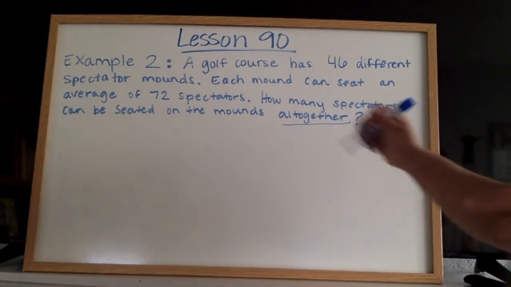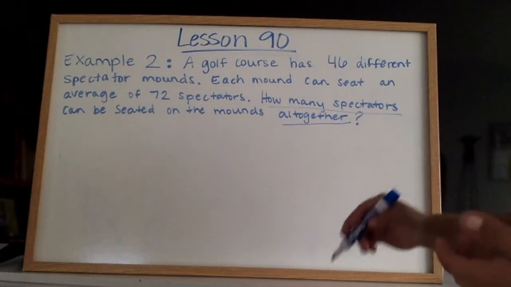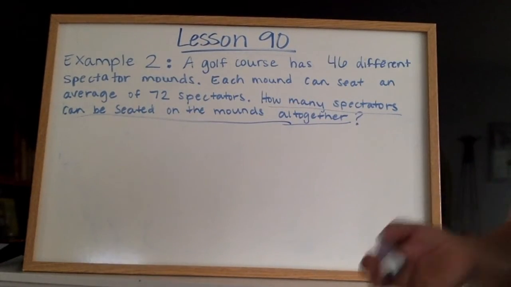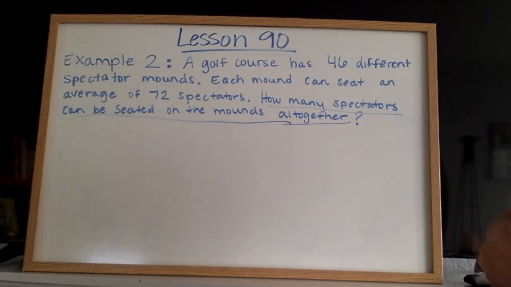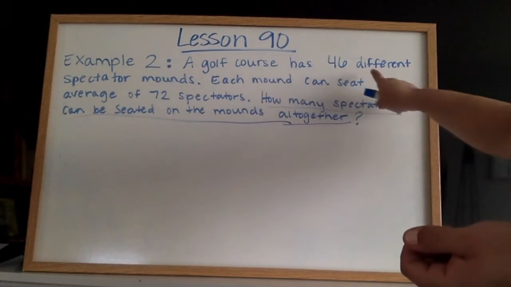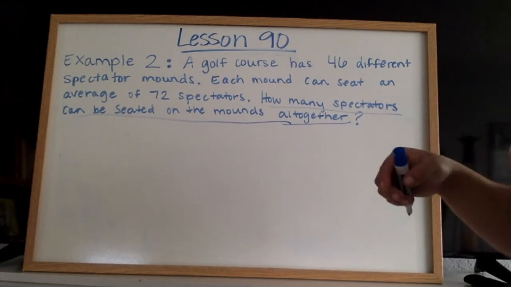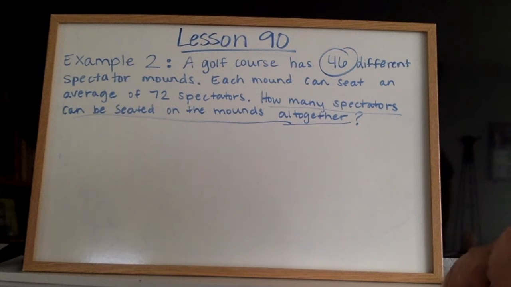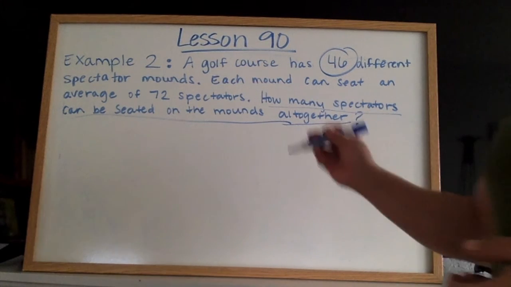So the question asked us how many spectators can be seated on the mounds. Well, we need to find some information about spectators and about the mounds. If I go back through, it says that there's 46 different spectator mounds.